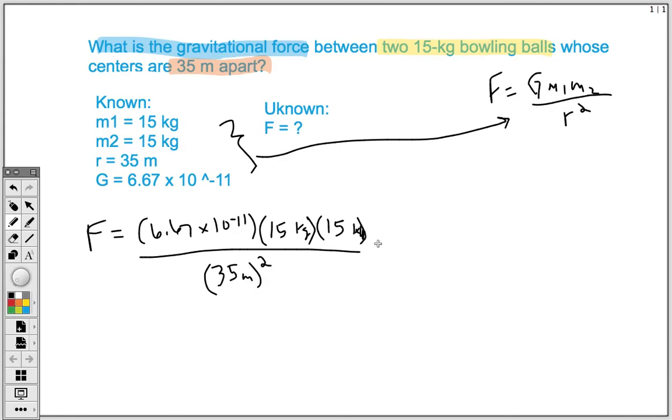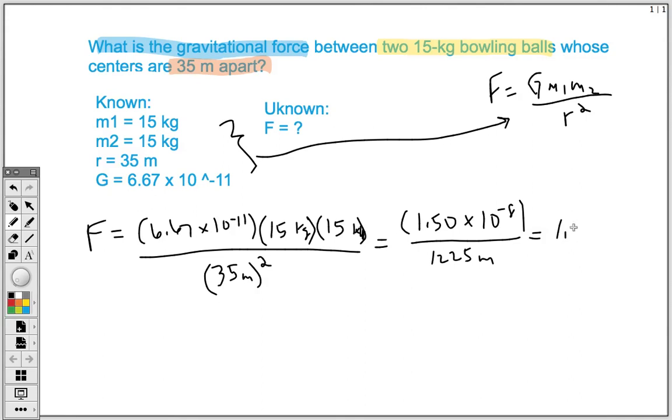When we plug all of that in, we get 1.50 times 10 to the negative 8th on top, and on the bottom we get 1,225 meters squared. Once we simplify this fraction, our value is going to come out quite small.